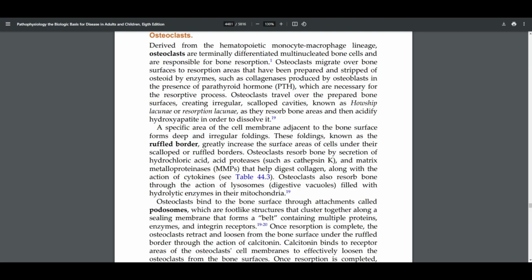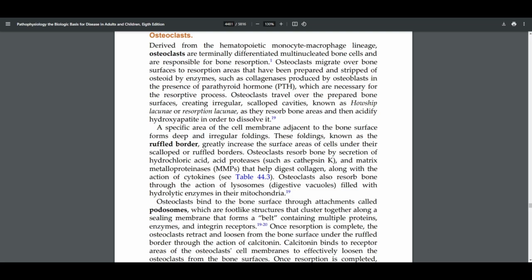Osteoclasts travel over the prepared bone surfaces, creating irregular scalloped cavities, known as Howship's lacunae or resorption lacunae, as they resorb bone areas and then acidify hydroxyapatite in order to dissolve it. A specific area of the cell membrane adjacent to the bone surface forms deep and irregular foldings.